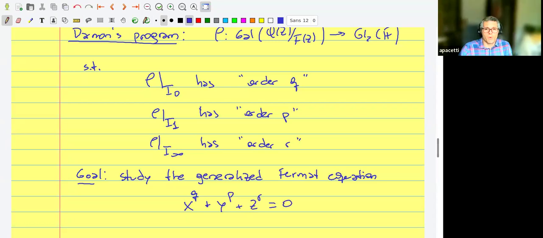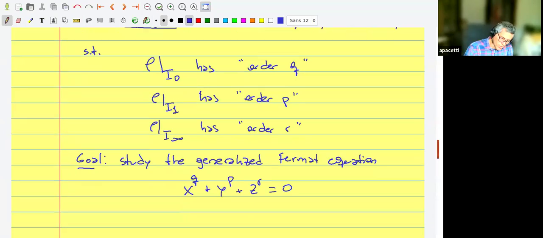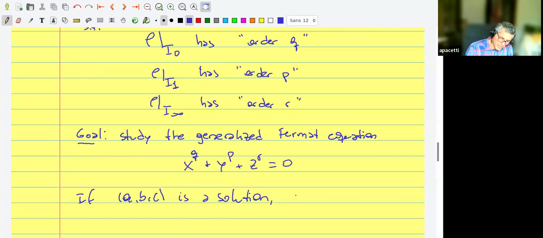A priori, the 3 exponents might be anything you want. And then, if you start with a solution, you will specialize at minus a to the q divided by c to the r. So now the numerator is a qth power, and the denominator is an rth power.